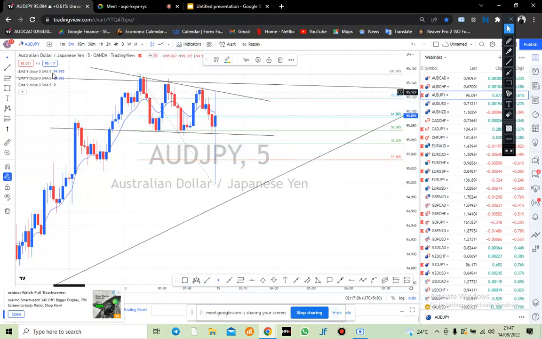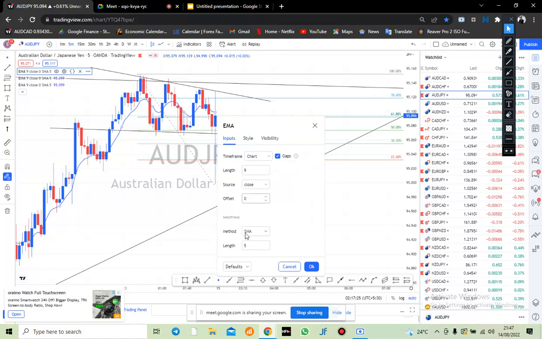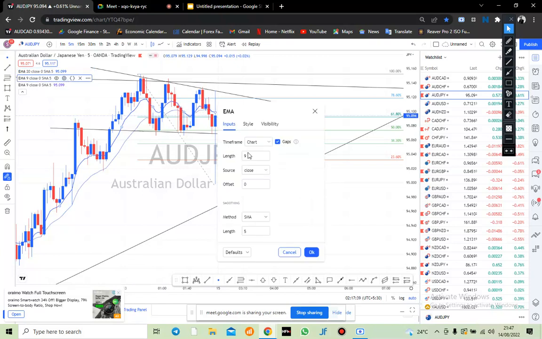So now I'm going to do some settings. I will change the first one to 20 EMA. The color is blue. Second EMA will be 50 EMA.